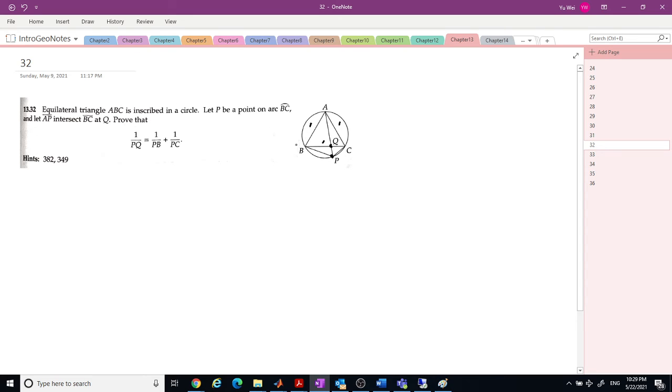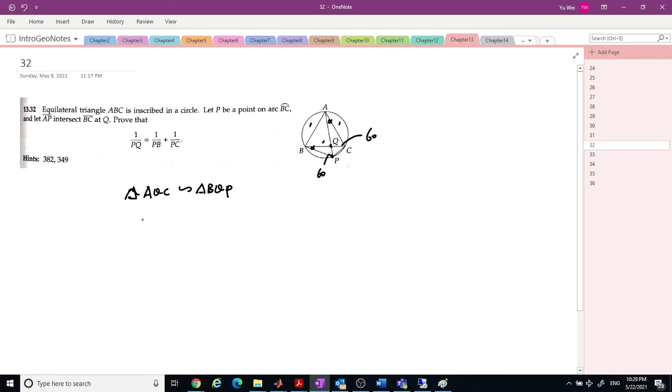So let's use similar triangles. Based on this, the angle is alpha and alpha, right? This is 60 and this is 60. So the triangle AQC is similar to the triangle BQP.